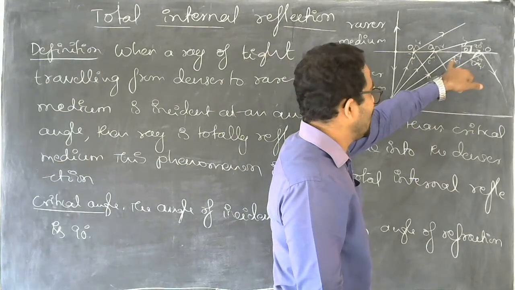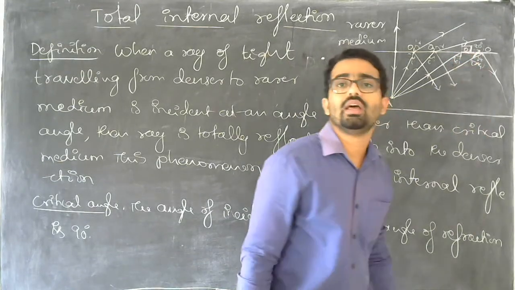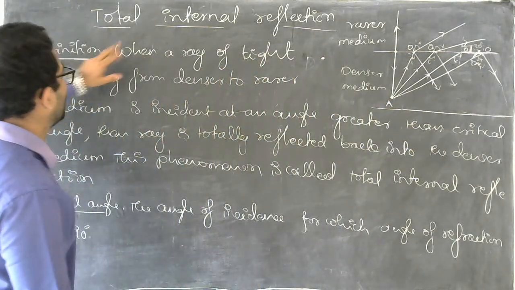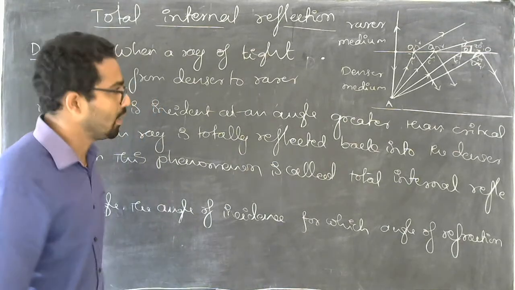If the ray is incident at the critical angle, the angle of refraction we got is 90 degrees. So these are the definitions for total internal reflection as well as for the critical angle.